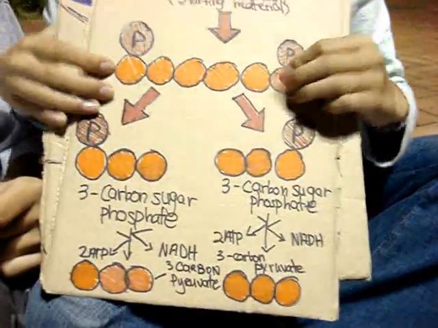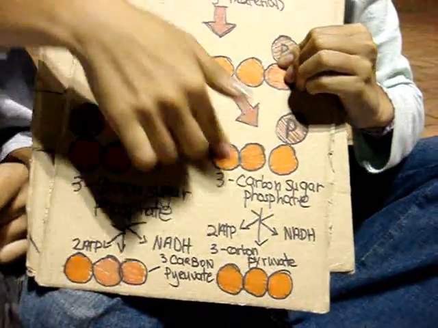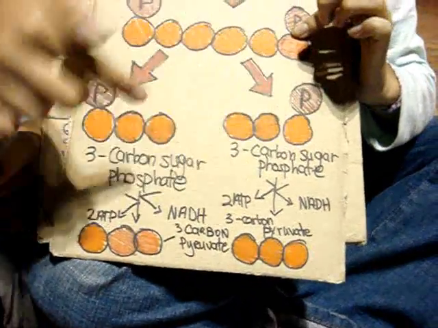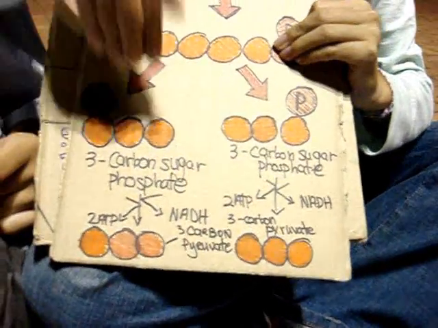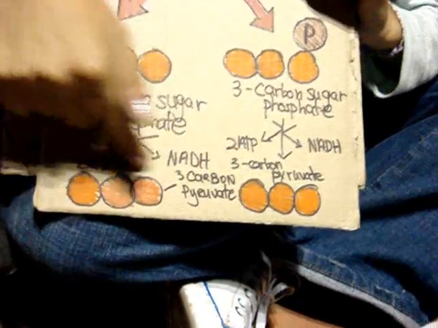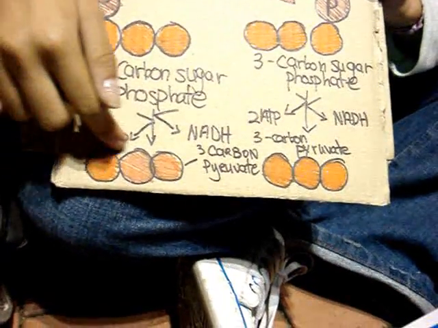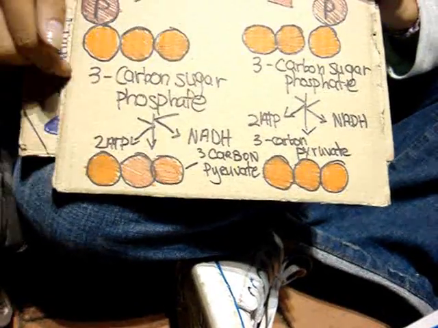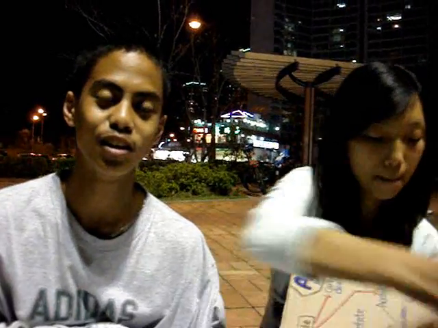They then break off into 2 molecules that consist of 3 carbons and 1 phosphate. The phosphate then breaks off, making energy in the form of ATP and NADH, leaving a pair of 3 carbon pyruvates. This marks the end of glycolysis, but not the end of cellular respiration.